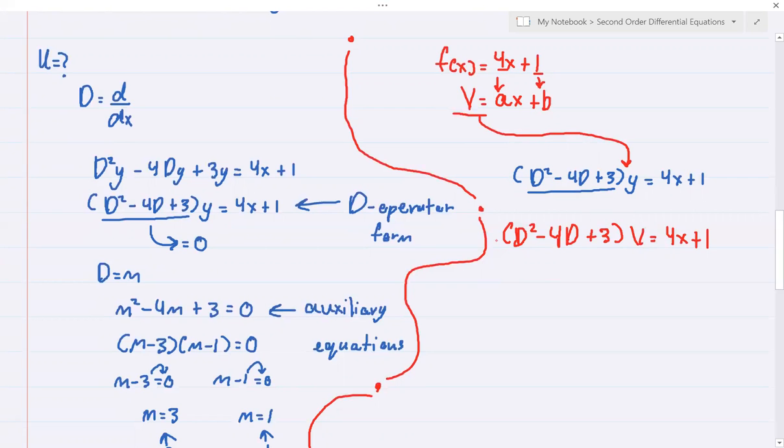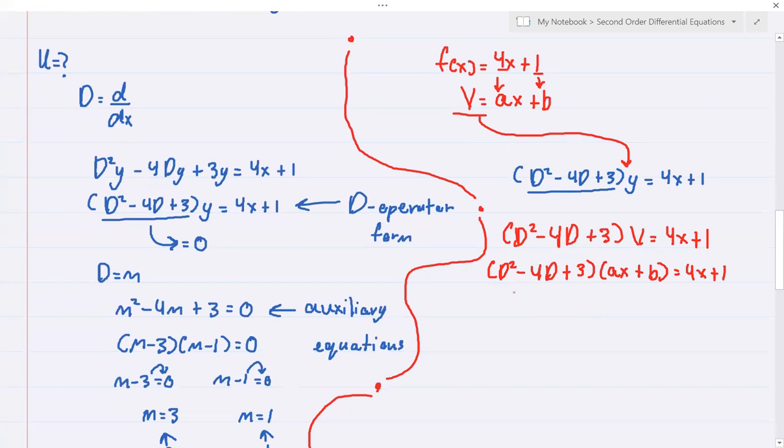Since your v is equal to ax plus b, we will have quantity d squared minus 4d plus 3 times quantity ax plus b. There you go. That's it.